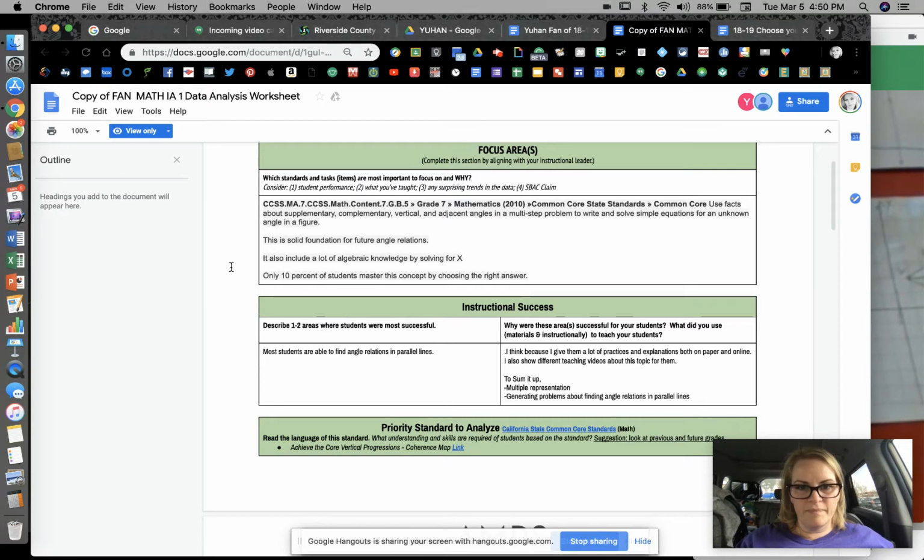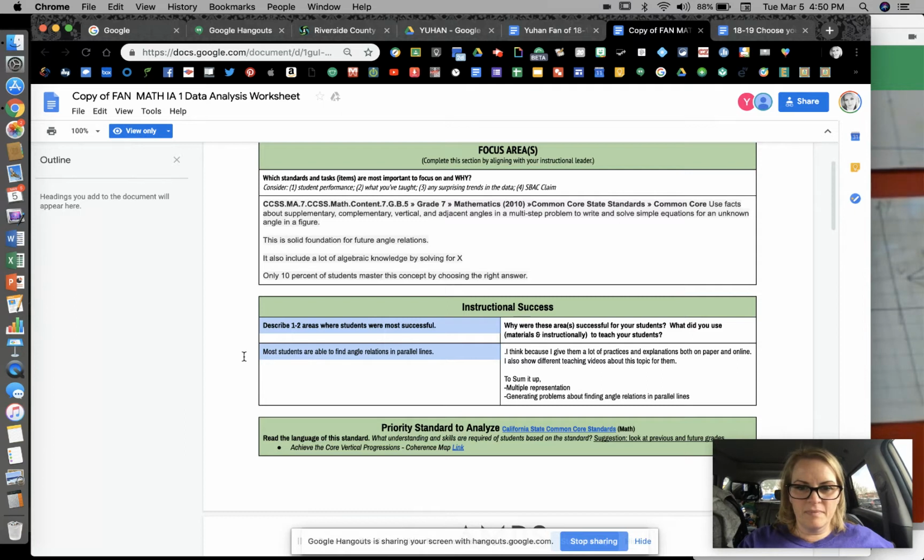Then we had instructional text and describe the areas that students know. So I checked the paper. Most students are able to find angle relations in parallel lines. Okay.